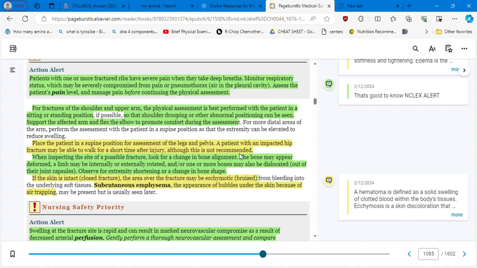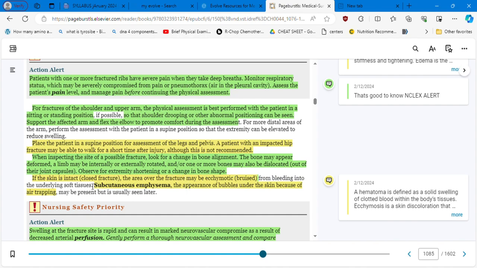That's a good physical assessment. The bone may appear deformed, a limb may be internally or externally rotated, and one or more bones may also be dislocated out of their joint capsules. Observe for extremity shortening or a change in bone shape. Extremity shortening is very common with this type of fracture.